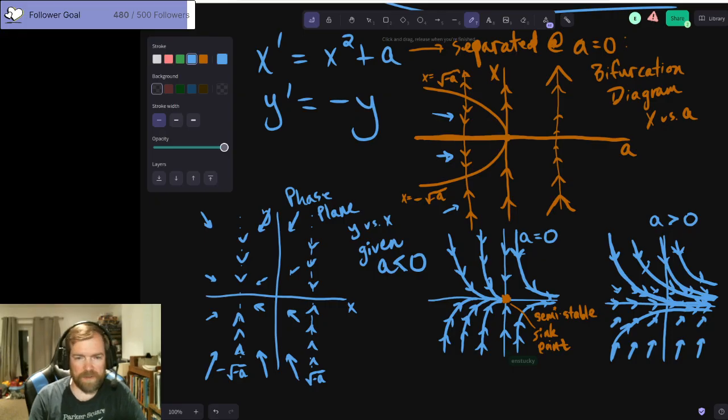And far positive. Again, we have x prime is positive, so these are going to be copy paste the picture on the far right, left. Right, so all of our stuff over here ends up doing something like this.